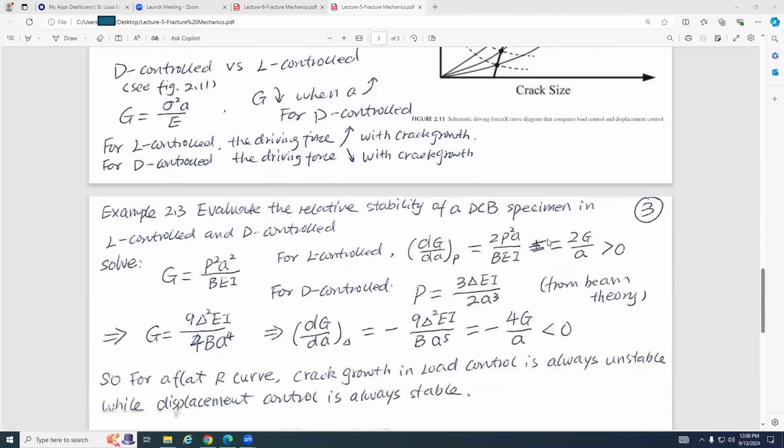And then here is an example, and I'm going to show you the example. This is a DCB. What is a DCB, guys? DCB is a double cantilever beam, right? So suppose we have a crack and we just pull it using the same displacement.